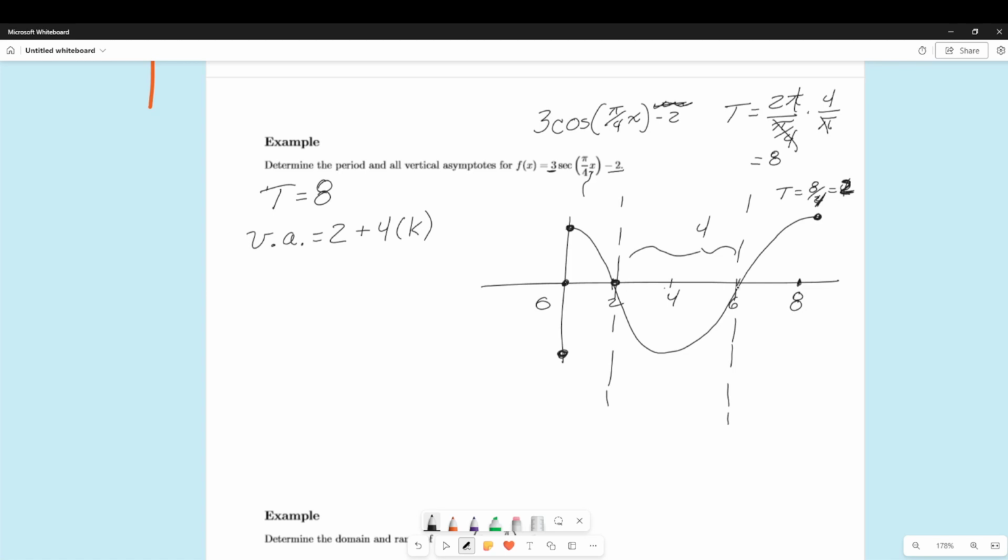So 2 and 6 and 10 and 14 and 18 and so forth. Go the other direction, -2, -6, -10, the other way, for k an integer, and that's going to be where all of your vertical asymptotes are.